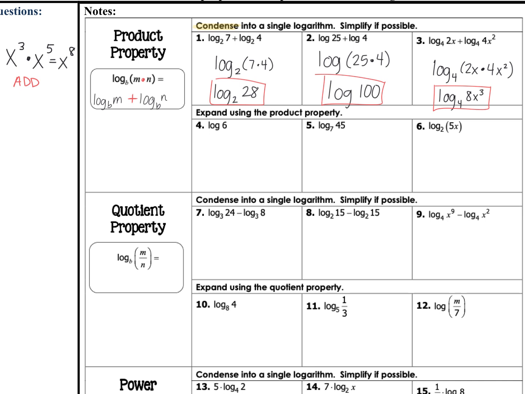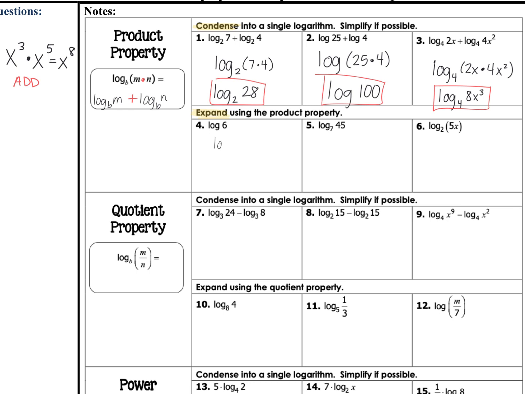Okay, let's look at number 4. This is expanding. So to expand, if you ever had like braces, expanders, or what they use to like space out your teeth. So you're going to space it out and spread it back out. So log 6, we can rewrite that as, what are some factors of 6? 3 and 2, right?